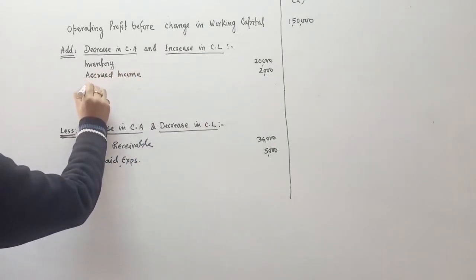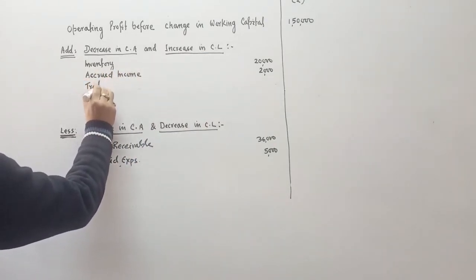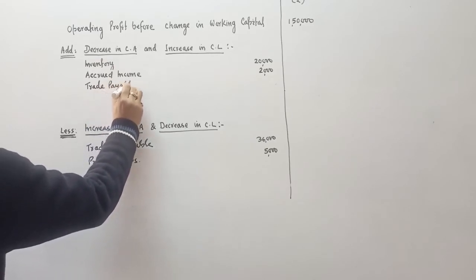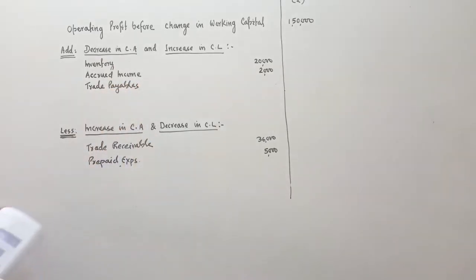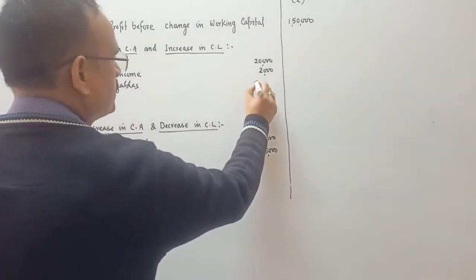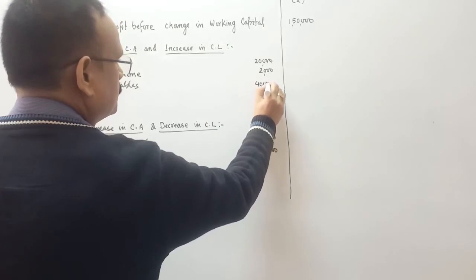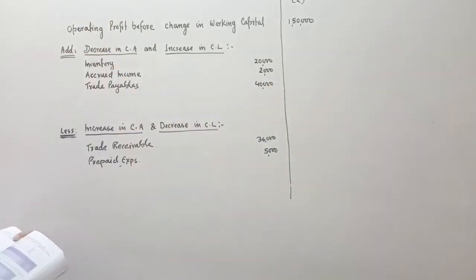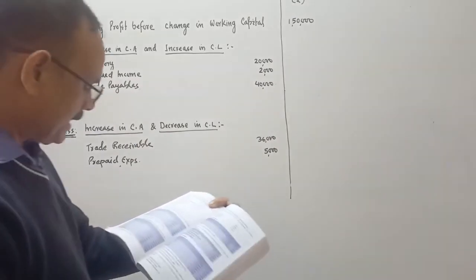Trade payables, we will add, because it's an increase by 40,000, from 1 lakh to 1,40,000.